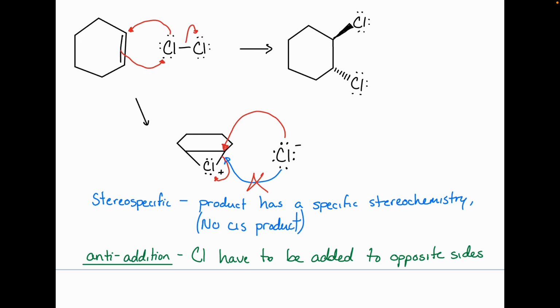All right, so our addition of our diatomic halogen is not a regiospecific reaction, but it is a stereospecific reaction because of the way that those two atoms are being added, and they're being added to opposite sides of that double bond, what we call an anti-addition.